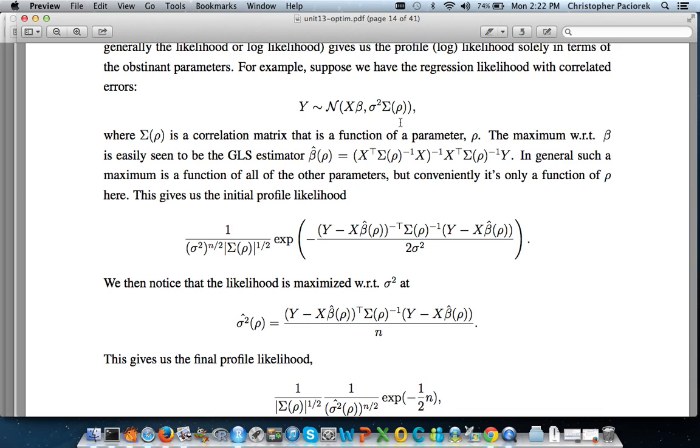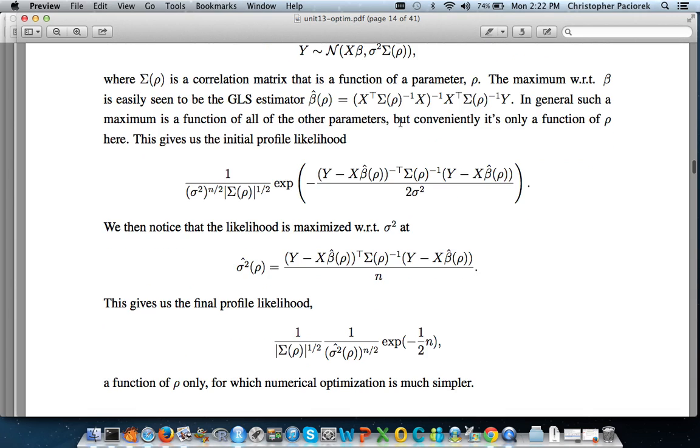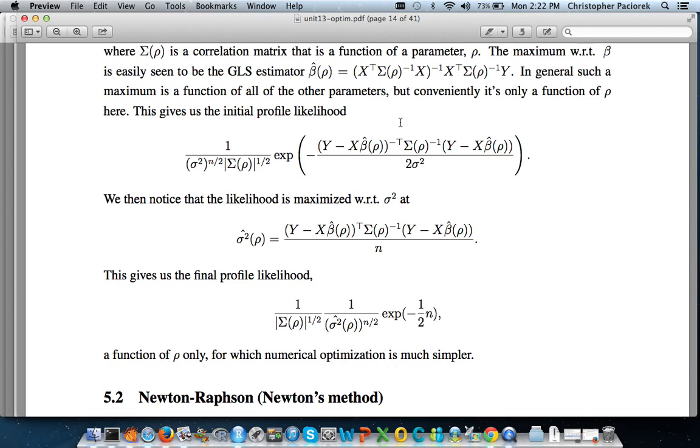It's actually going to work out quite nicely. And at the end of the day, once I've written out this next level of profiling, I end up with this equation here.